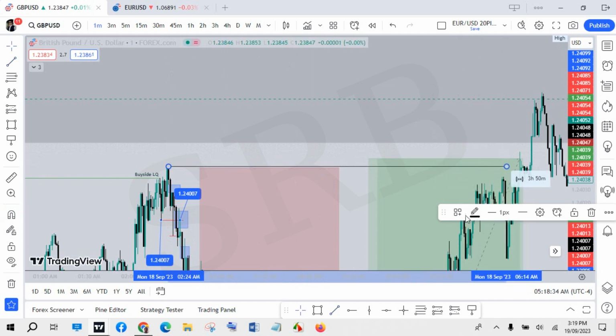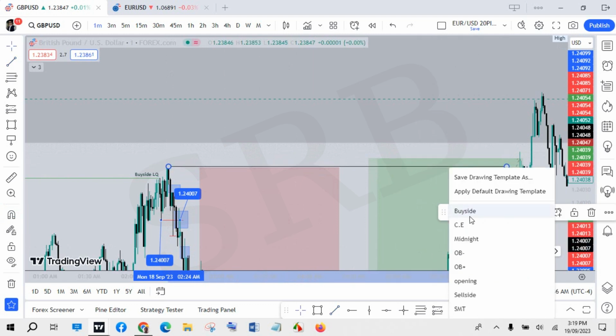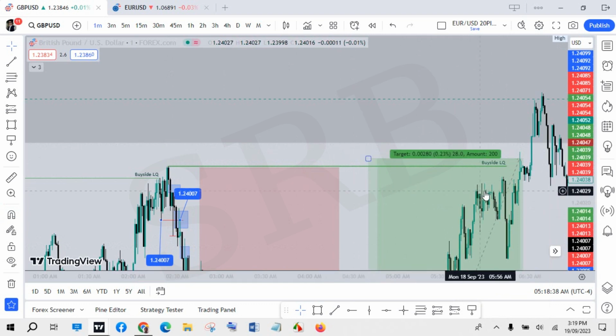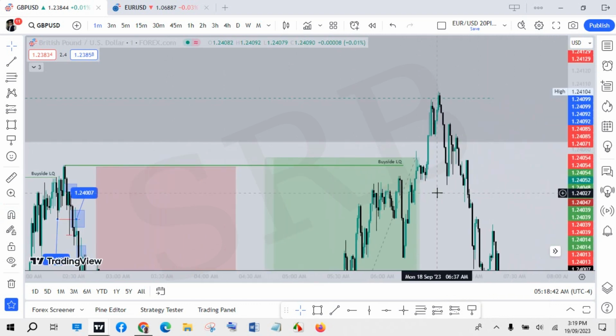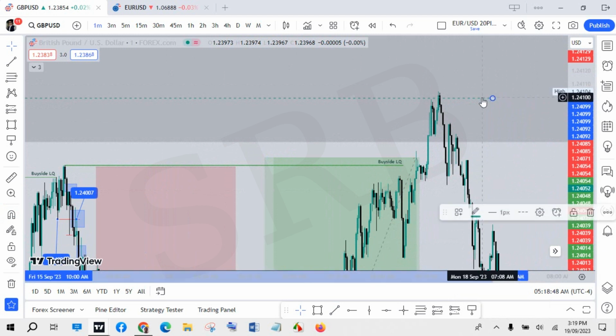Market trades above, takes out the buy side liquidity, and where can price trade lower from this level? Well, we have this bearish order block, the main threshold of the bearish order block.